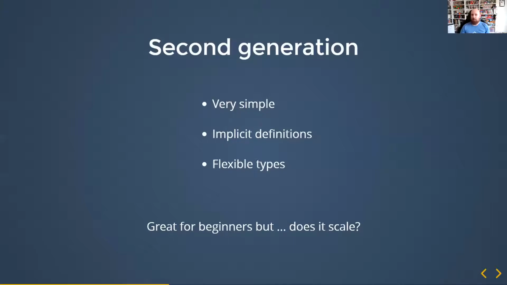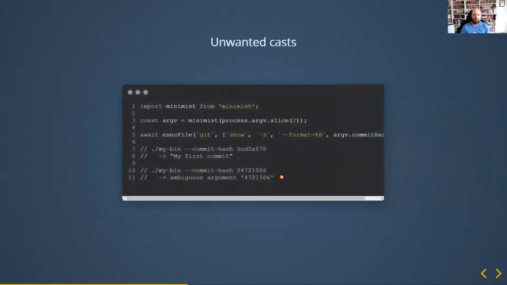The reasons for that are multiple. First, unwanted casts. That's actually a pretty big deal. Since they tend to cast the values into the types based on what they look like, it means that in various cases, they are going to make casts that they shouldn't make. For instance, in the CLI that you can see on screen, we just extract a value commit hash from the arguments and pass it forward to git show.